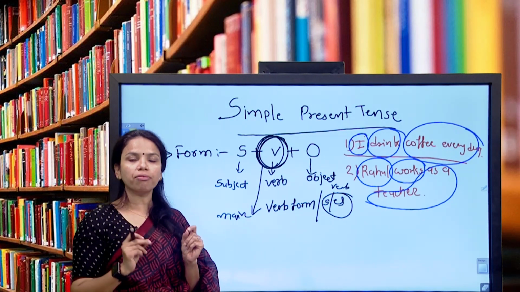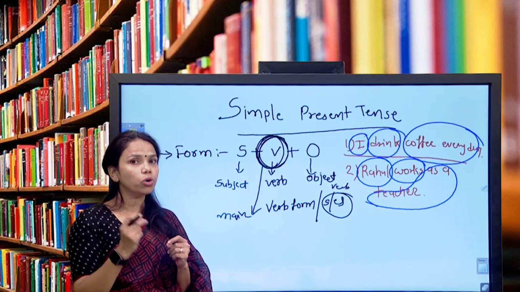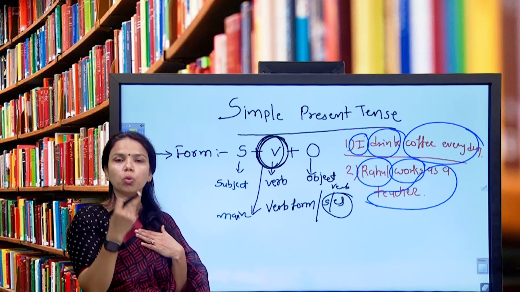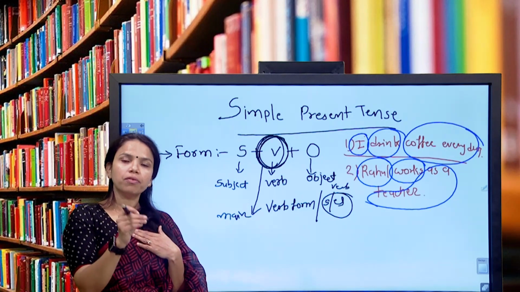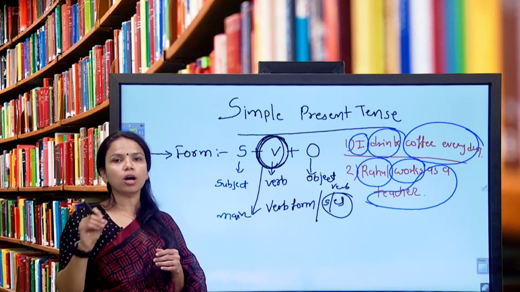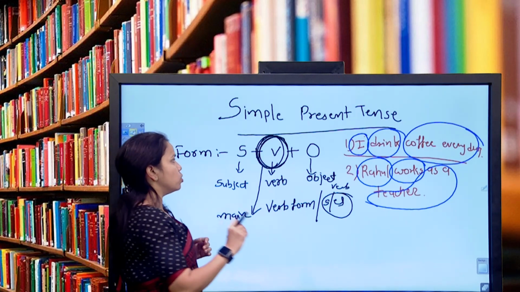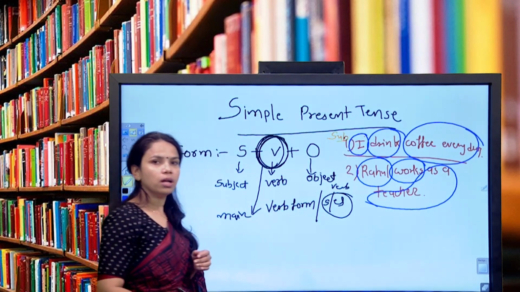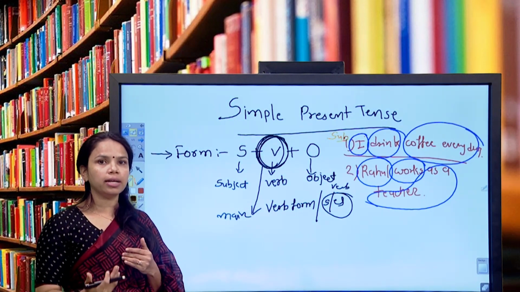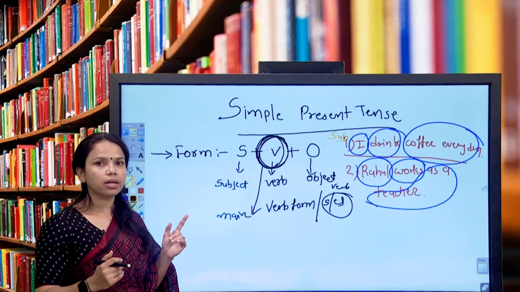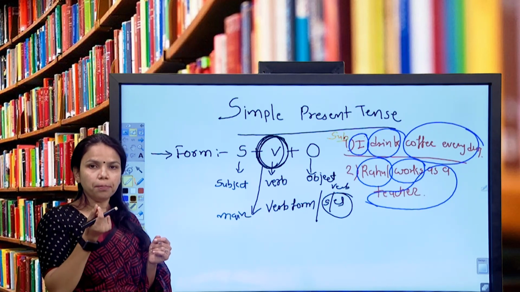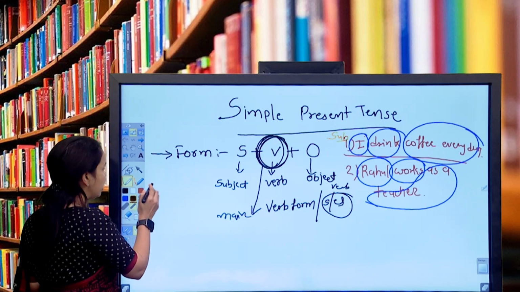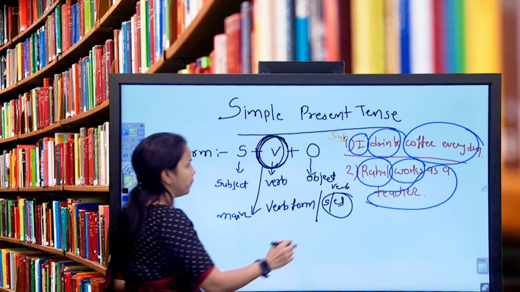I drink coffee every day. Who drinks coffee every day? I drink. So whenever you ask a question with who, whatever answer you get is called the subject, right? So I is the subject. Now which action is running in this sentence? Drink, right? Pivu, in Gujarati you can say drink. So drink is the verb.